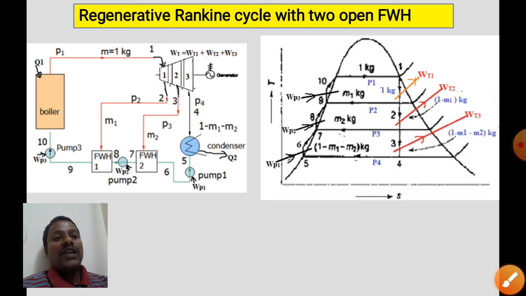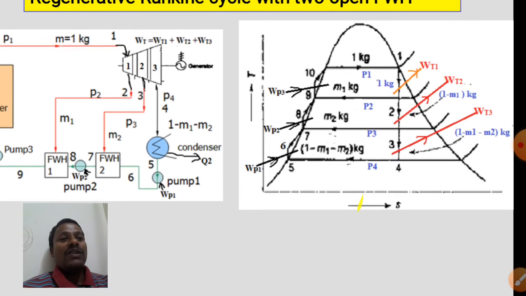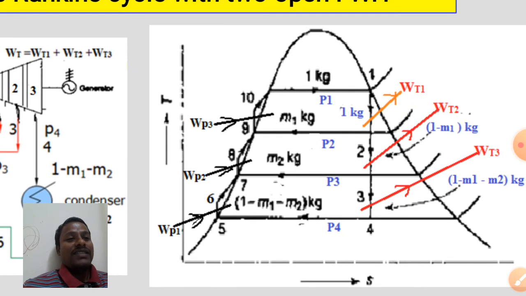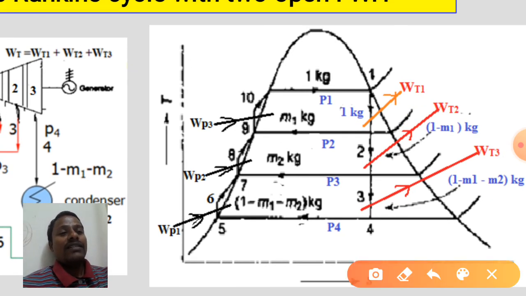Let's look into the temperature entropy diagram for this concept. Here at state 1 the steam enters the steam turbine. From 1 to 2 it undergoes expansion in stage 1 producing WT1. From 2 to 3 it undergoes expansion in stage 2 producing WT2.